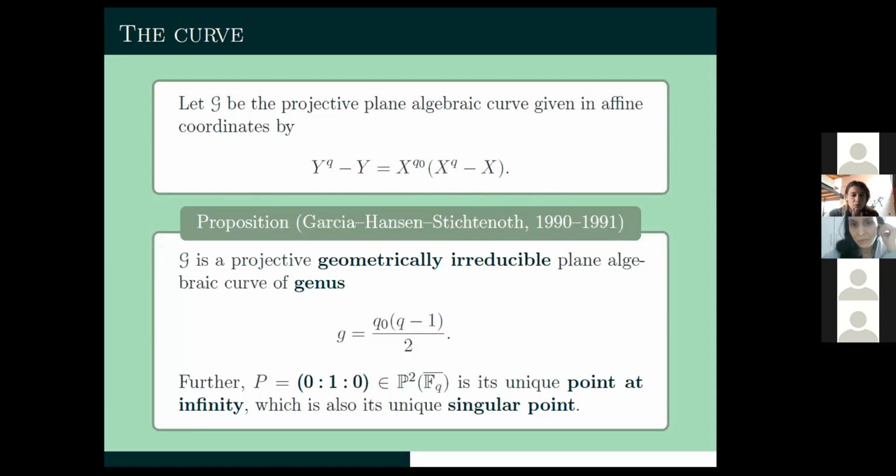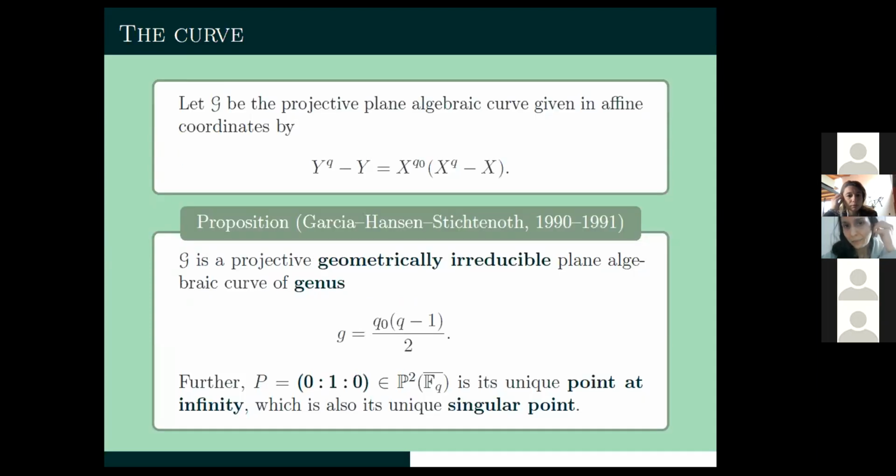Some properties of this curve: it is irreducible over the algebraic closure, so these are geometric properties. We also have its genus given as a function of Q0 and Q. And the point P that we fixed before is its unique point at infinity, and also its singular point.